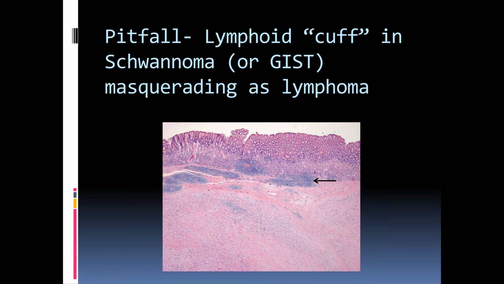Very frequent finding in schwannoma is to have a lymphoid cuff. So just be sure you don't fall into the, oh, this must be lymphoma category versus, oh, maybe we didn't get the real lesion. So recognizing and remembering that this lymphoid cuff can be present is a nice caveat to be aware of.